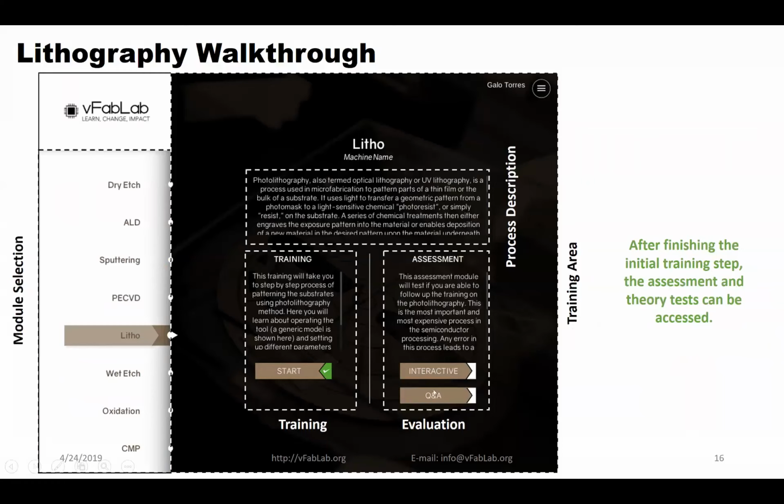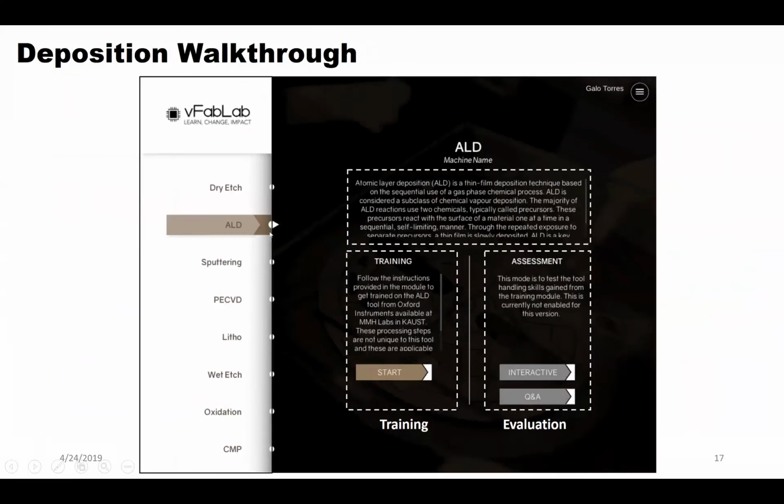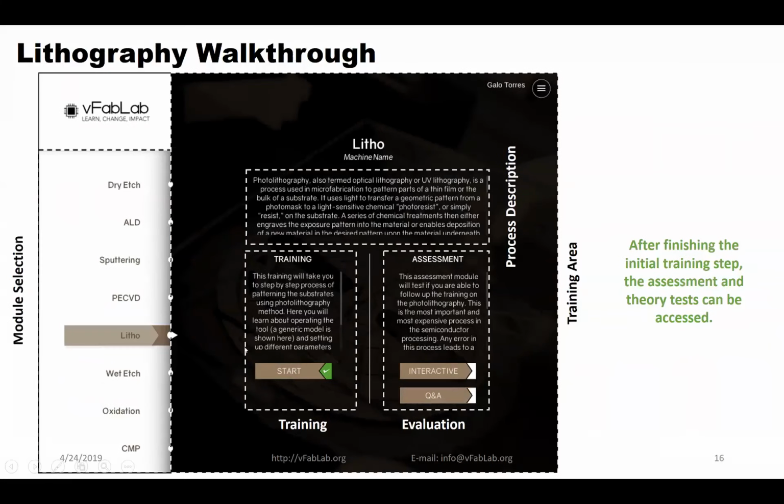There you will see a set of questions asking which modules and processes in the lithography module you have to go through. You set the sequence so you know that every single process has been carried out in the right order.